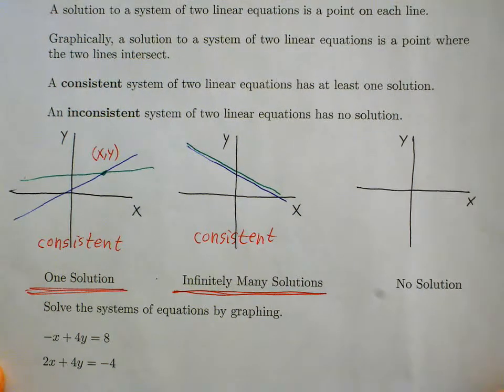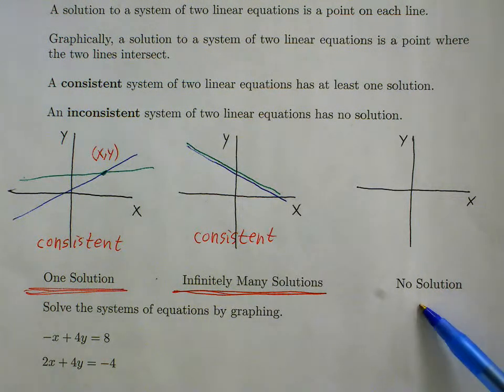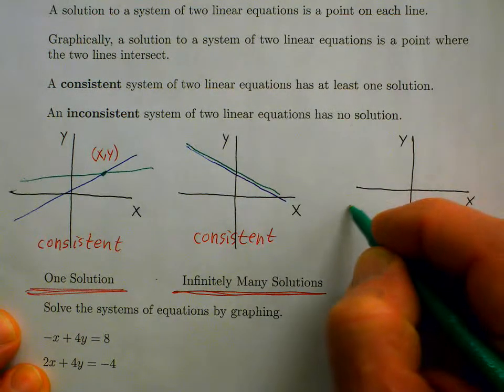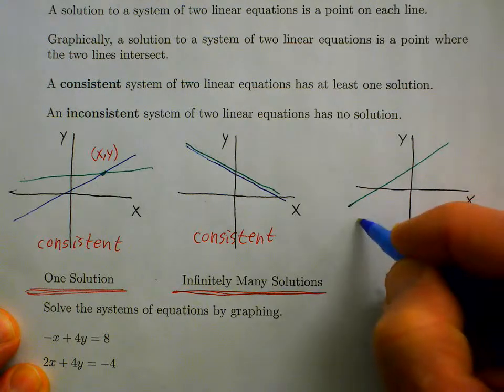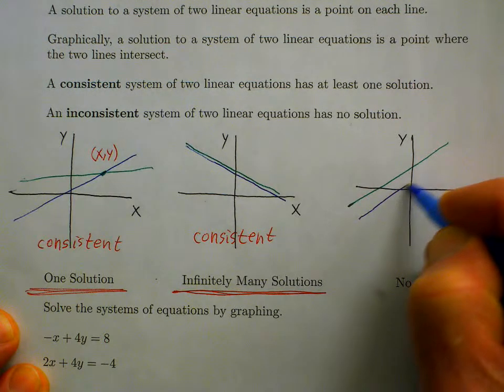Hey, what about the system of two linear equations that has no solution? Graphically, that means that the two lines do not intersect. What kind of lines do not intersect? Yeah, parallel lines. So if we just draw two lines that are parallel, that just means they have the same slope but different y-intercepts.